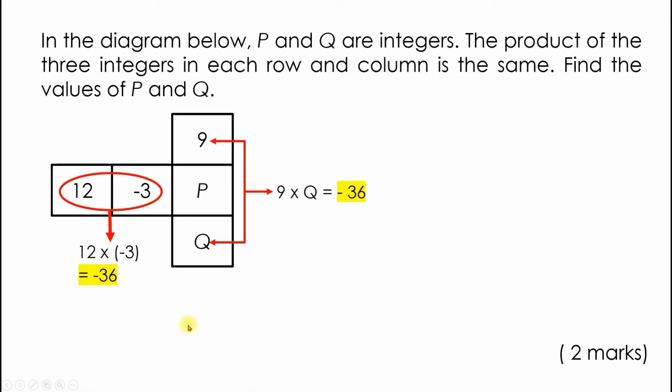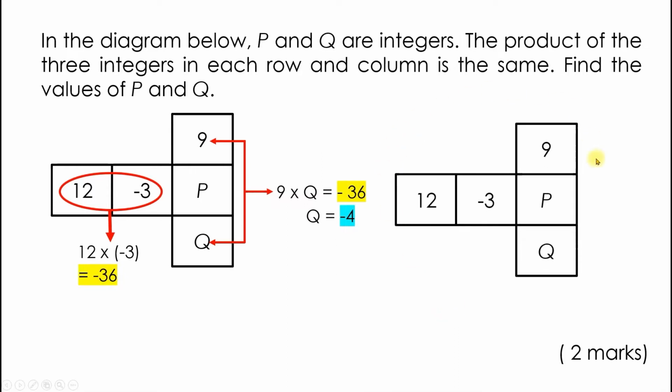So 9 multiplied by what value would give me a -36? So that means Q's value would be a -4. So then I am going to now redraw my diagram, but this time I'm going to replace Q with the -4 that we obtained over here, right?